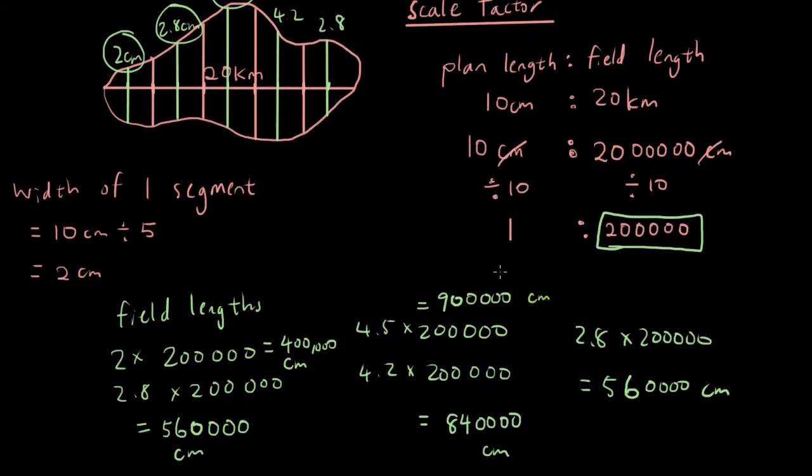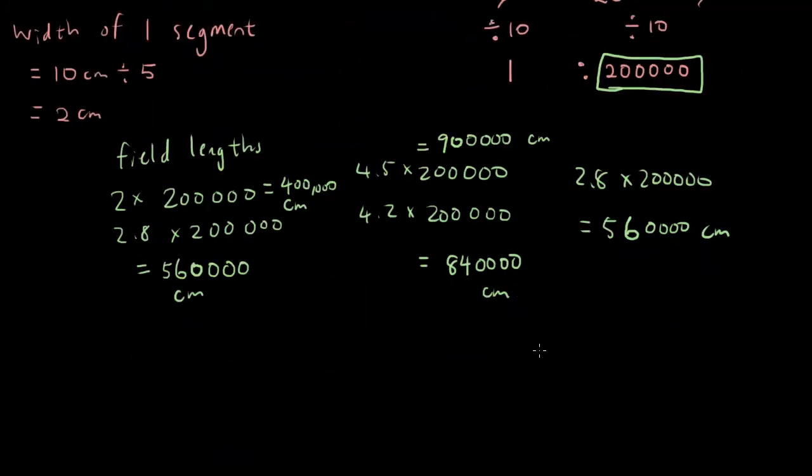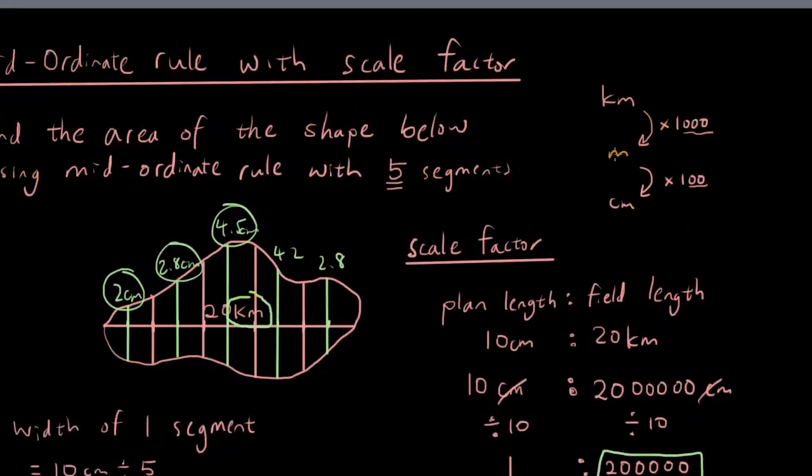We need to convert them into the units we want to work in, and you can see our survey line was measured in kilometers. So I'm now going to convert each of these numbers to kilometers. So how will we do that? If you remember, going from kilometers to centimeters, we multiplied by 100,000.